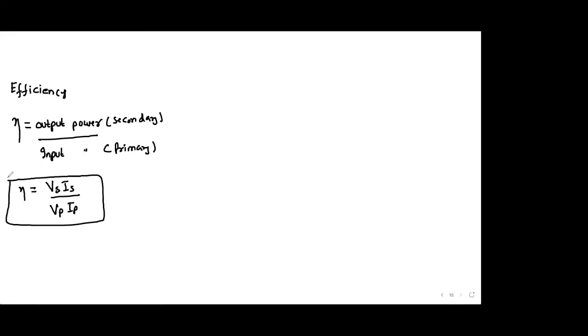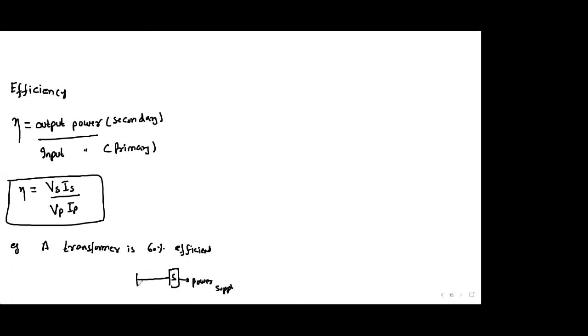See what basically efficiency means. If I say that a transformer is say 60% efficient, see what does it mean practically? This means this is your power supply, AC power supply.